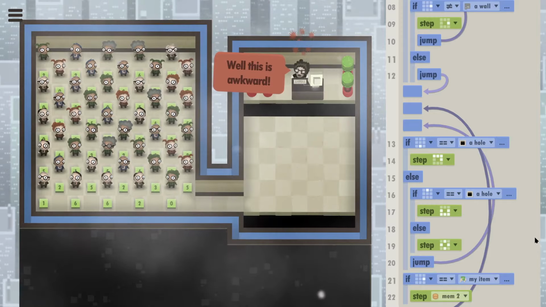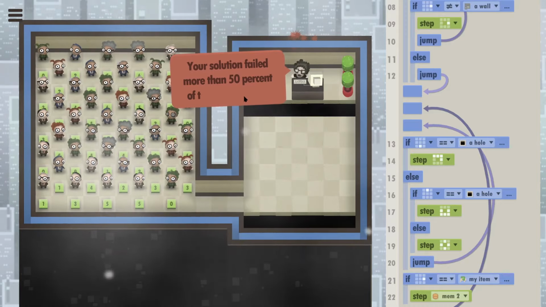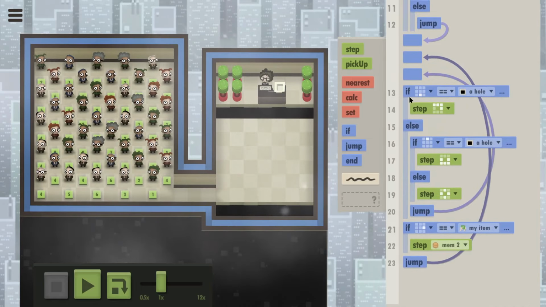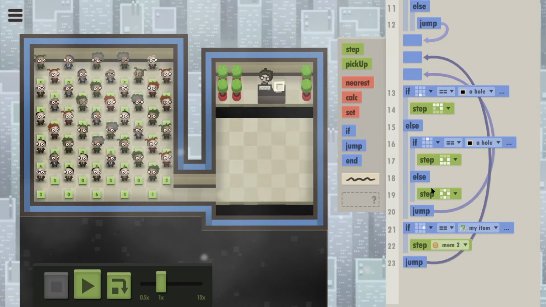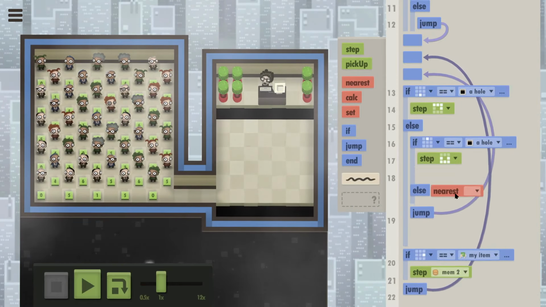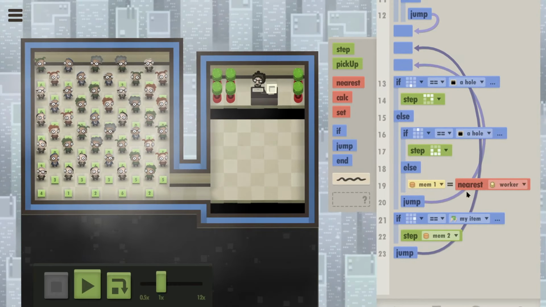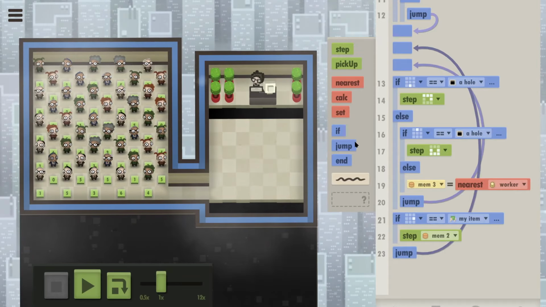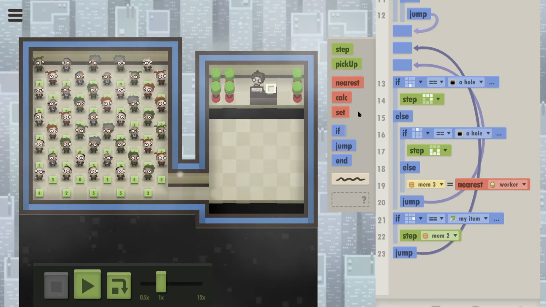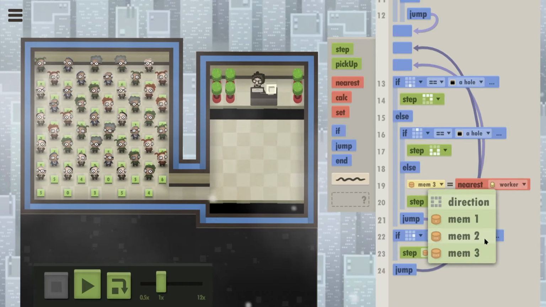Let's think about this. This step section. Okay. I would say that I'm down to here. This is now where I need to solve this. Else. Nearest worker equals memory 3. Now the problem is I can't think of a way... So, try this. Step. Memory 3.